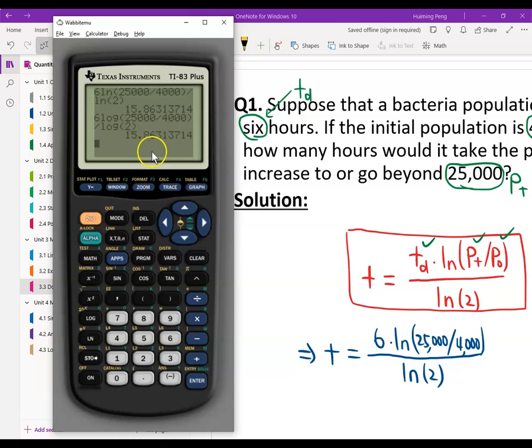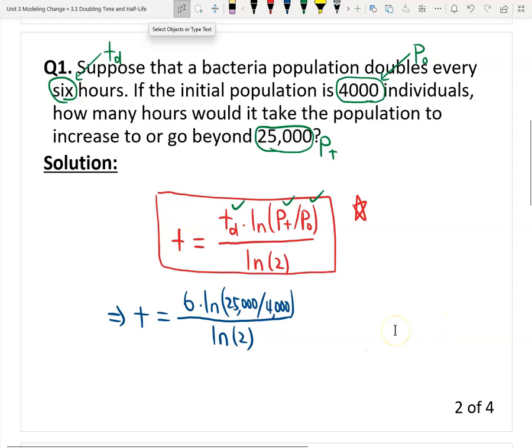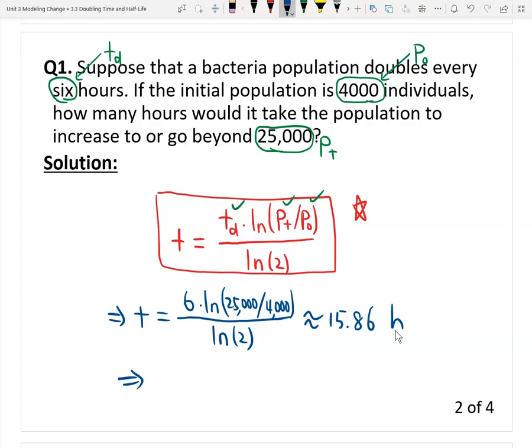Enter. The answer is exactly the same. Now let's go back and put the answer here. It's around 15.86 hours, right? If the question asks for integer hours, how many hours do we need? We need 16 hours. Therefore, 16 hours needed.